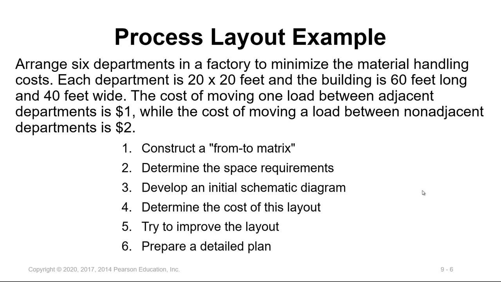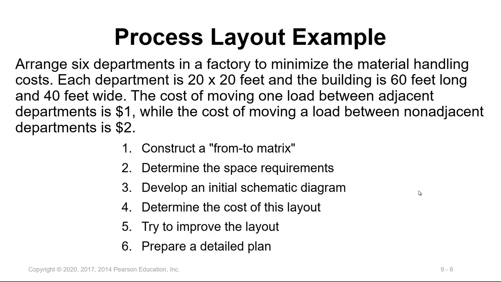To design the process layout, we need to go through the following steps. First, we need to construct a from-to matrix so we know where the loads are going from and to which department. Then we need to determine the space requirements for each department. Then we develop an initial schematic diagram.